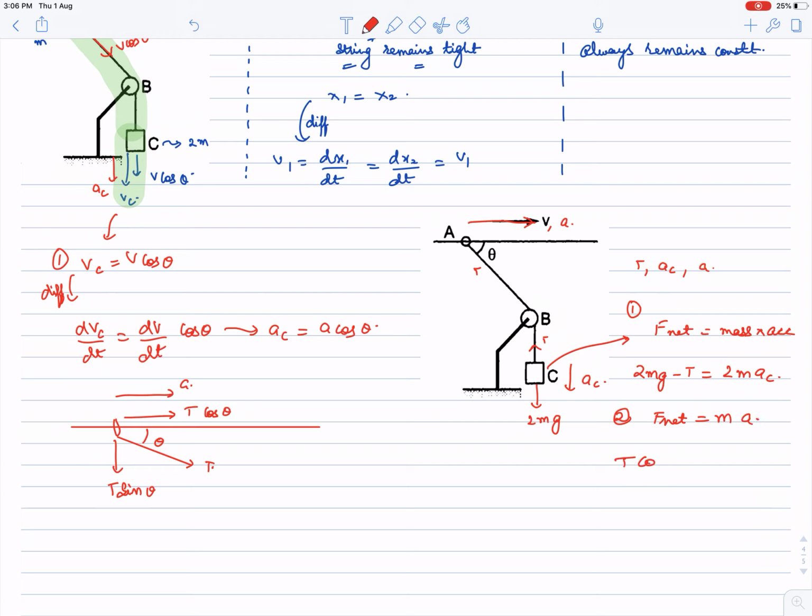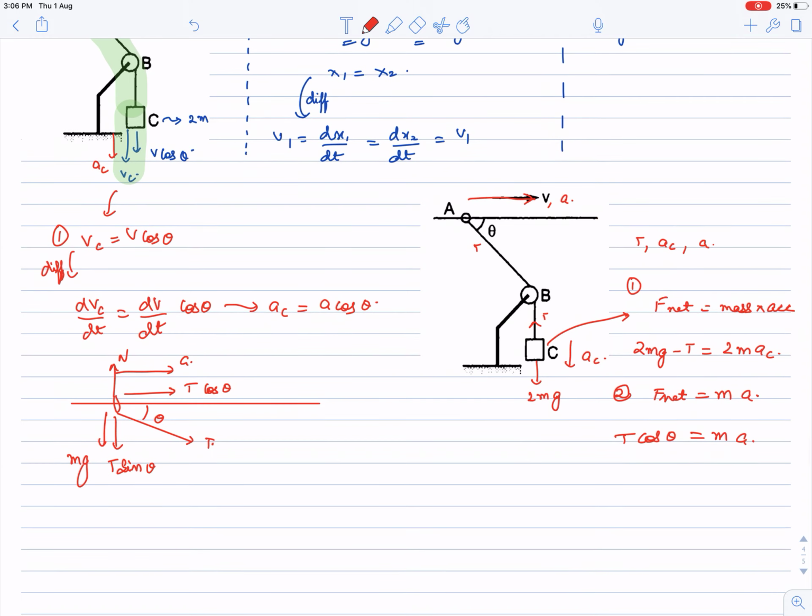So T cos theta must be equal to mass into acceleration. T sin theta along with gravity acting in the downward direction gets balanced by the normal reaction in the upward direction. So I have two equations. One is 2mg minus T is 2m into ac. Second is T cos theta equal to ma.